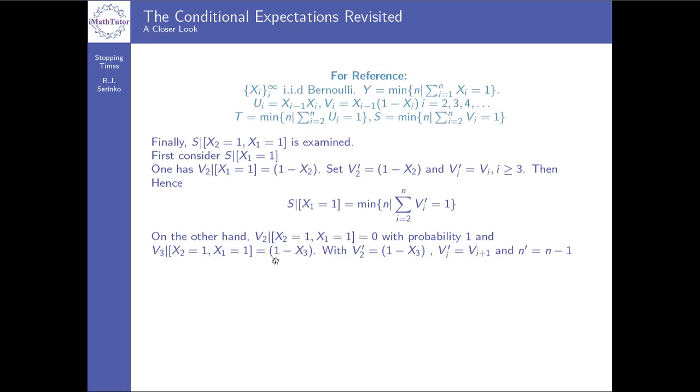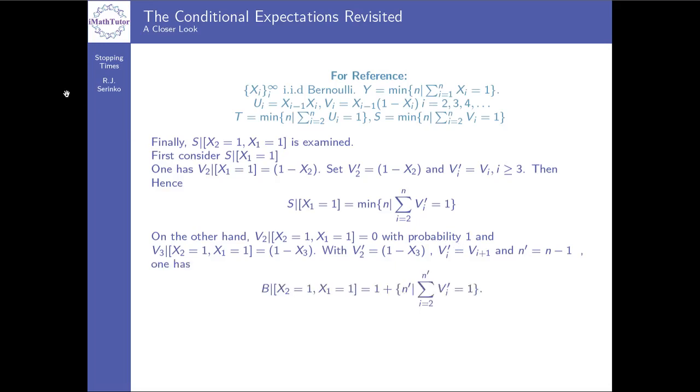So since x2 is 1, v3 conditioned on this event is just 1 minus x3. And so we'll set v2 prime equal to 1 minus x3 and vi prime equal to v(i+1), and n prime equals n minus 1.